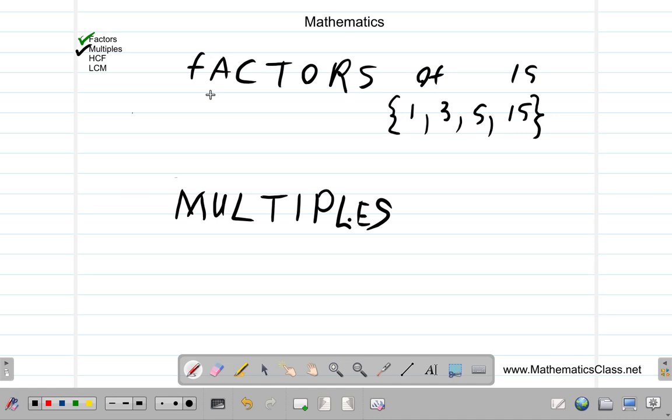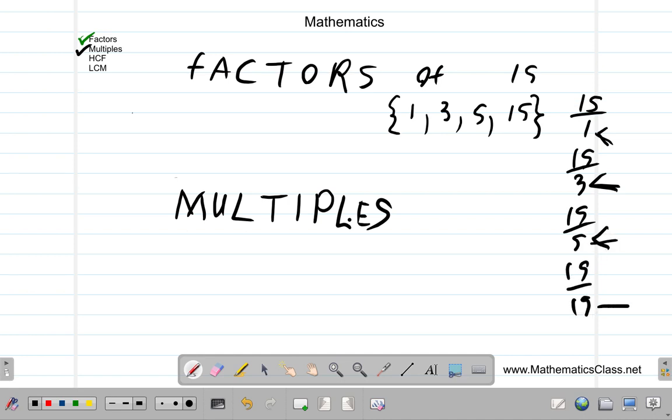So the factors would be under the line. It would be the denominators. So 15 over 1, factor under. 15 over 3, factor under. 15 over 5, factor under. 15 over 15, factor under. You see, the factors are under the line doing the division. Get that? Alright.